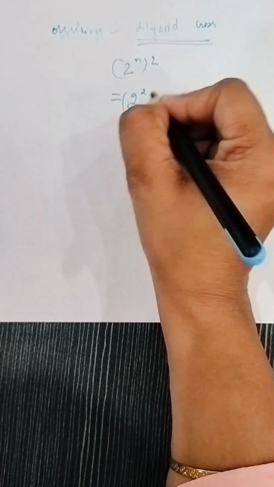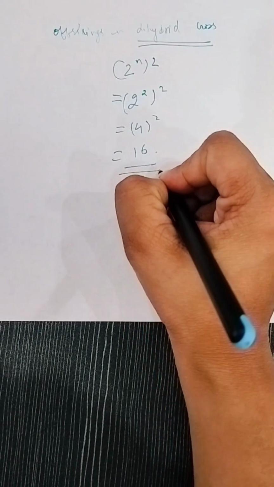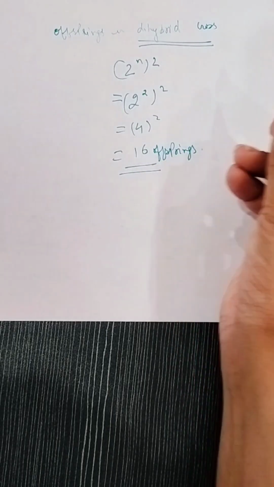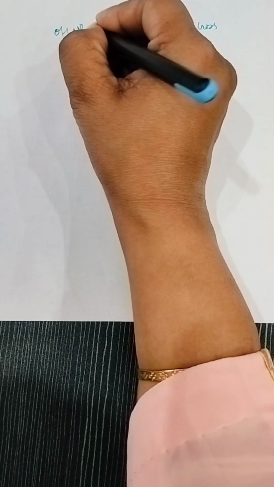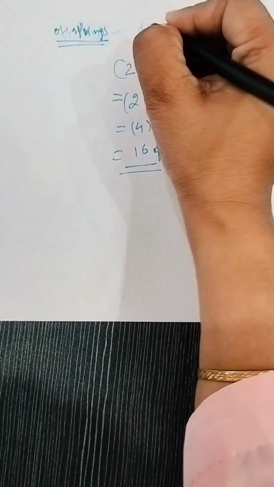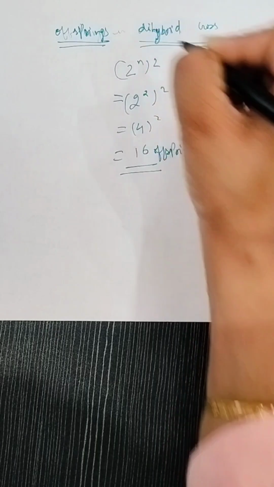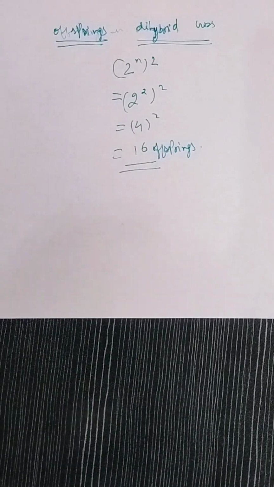So this will be 4 whole square, and total we will be getting 16 offsprings. So in order to get offspring number in dihybrid cross, we have this formula.